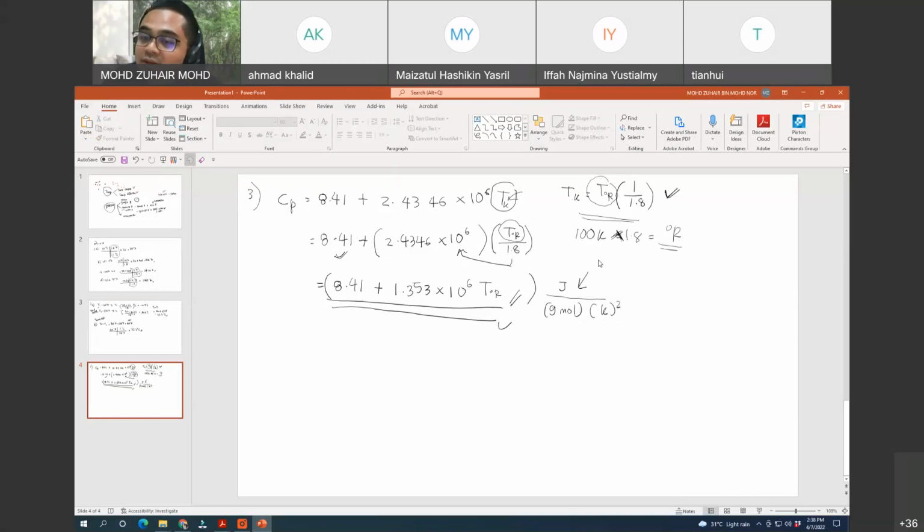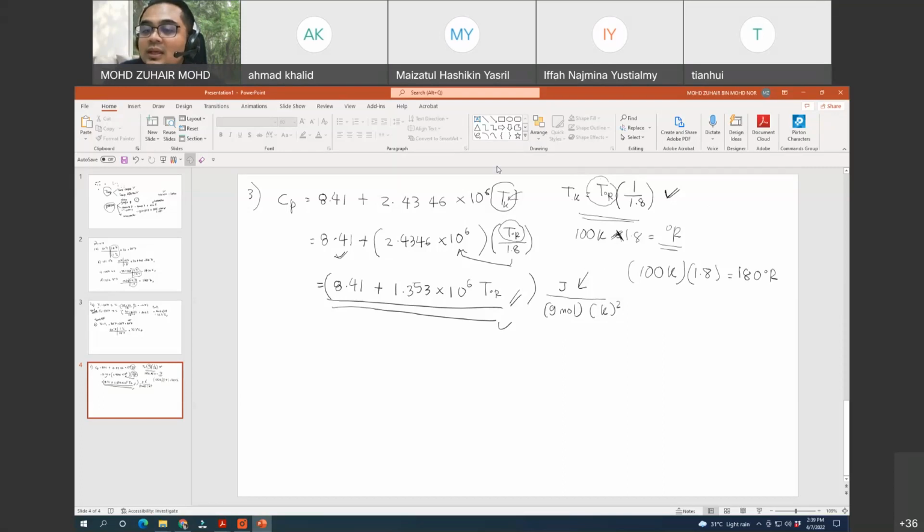Do you get what I'm trying to say? For instance, let me give you an example. 100 Kelvin times 1.8 is going to be 180, right? If we want to convert 100 Kelvin to Rankine, we need to times 1.8, so the answer will be 180 degree Rankine.